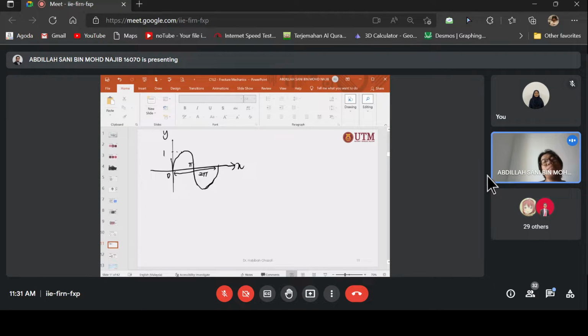This is the basic mathematics. This is what we call the amplitude.